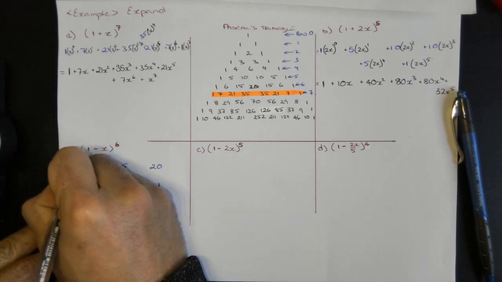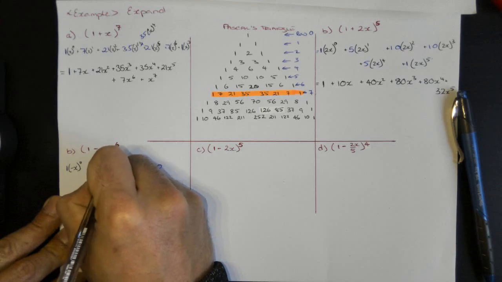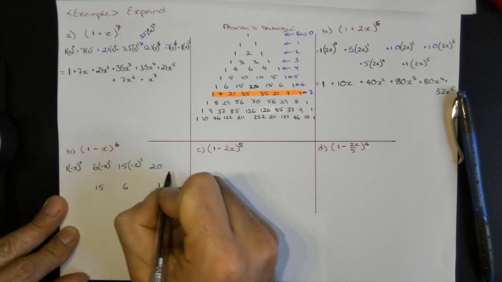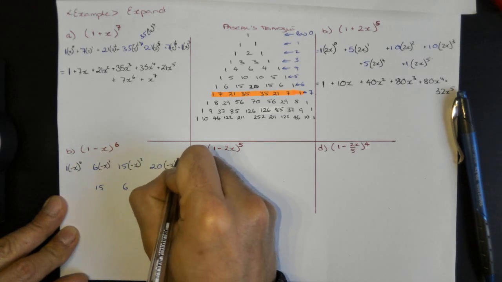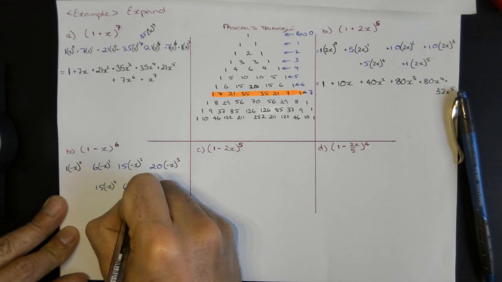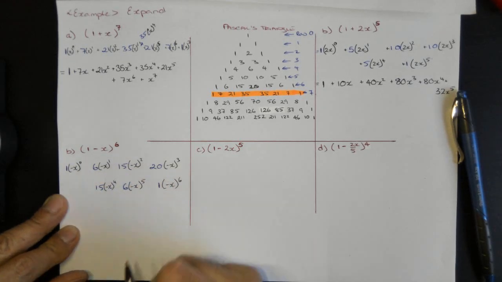So let's put negative x to the power of 0, negative x to the power of 1, negative x to the power of 2, 3, 4, 5, and 6.